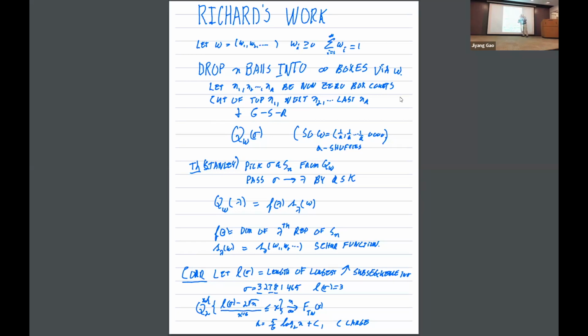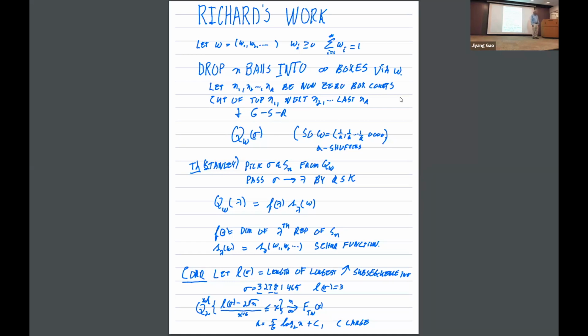Pick a shuffle and then look at the RSK shape. His theorem says that the chance of having the shape lambda is equal to f of lambda times s of lambda of omega, where f of lambda is the dimension of the lambda irreducible representation of the symmetric group, and s of lambda is everybody's friend, the Schur function.